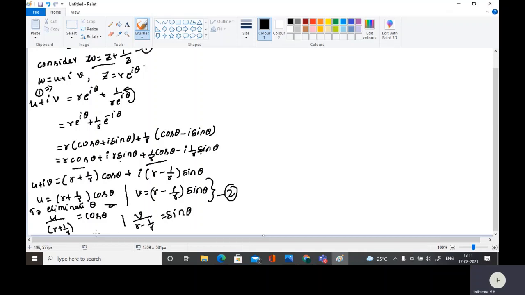Next what I will do? I will square and add these two equations.